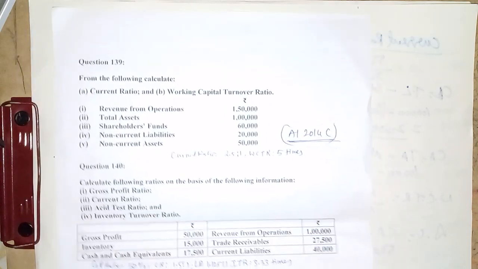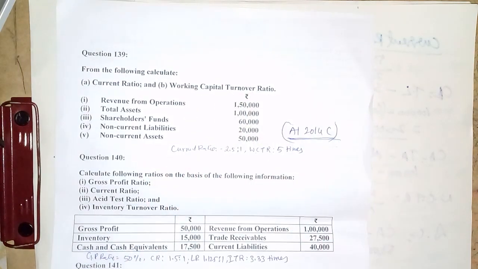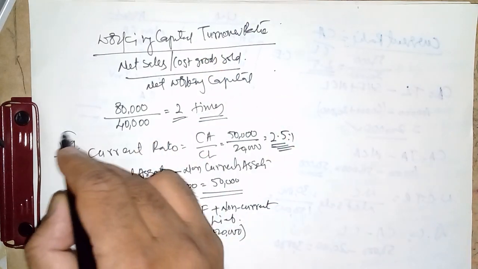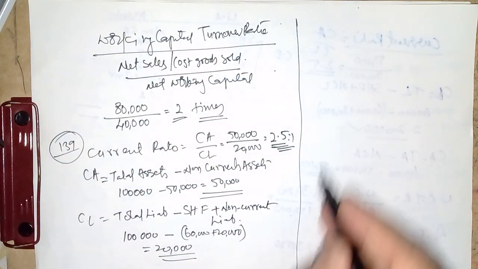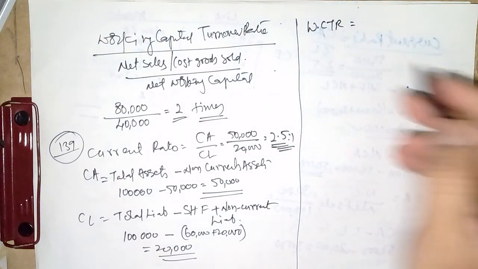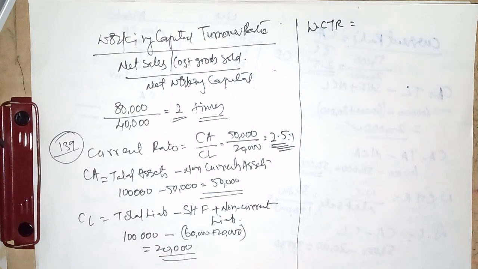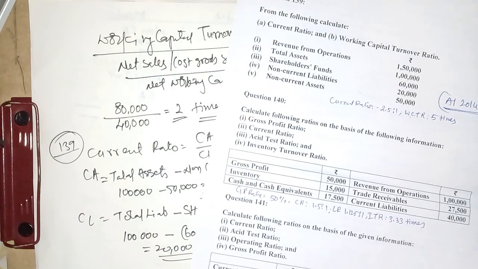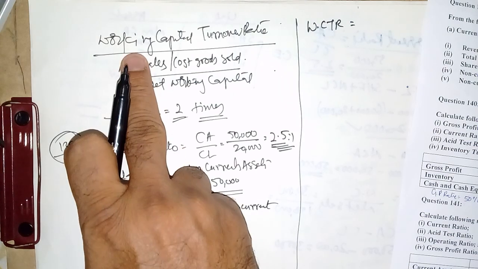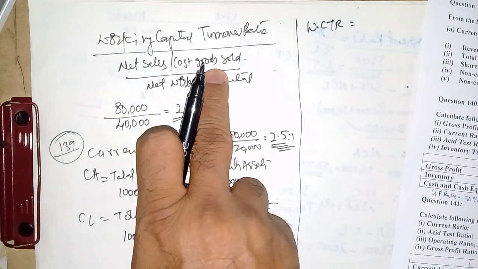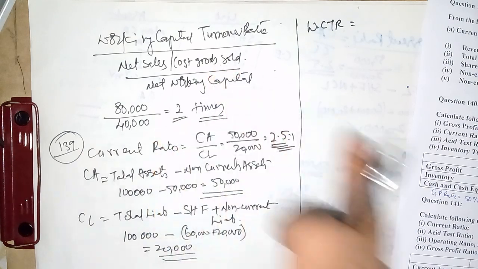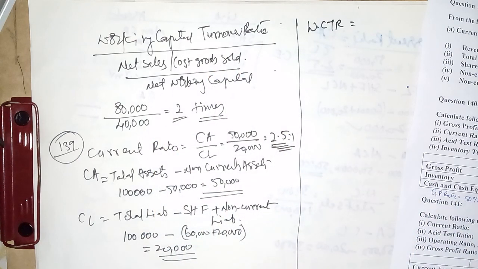Next is the working capital turnover ratio. So what is the formula? Just now we have written the working capital turnover ratio formula. This is question number 139 we are doing. Working capital turnover ratio is equal to net sales or cost of goods sold divided by working capital. Try to remember that in the absence of net sales, we can take cost of goods sold as our numerator, right?